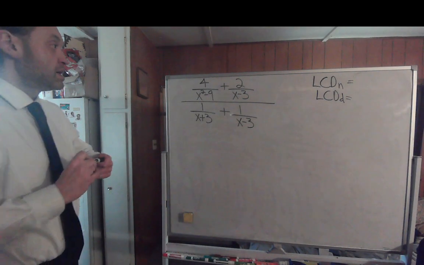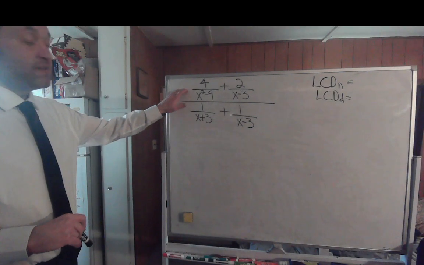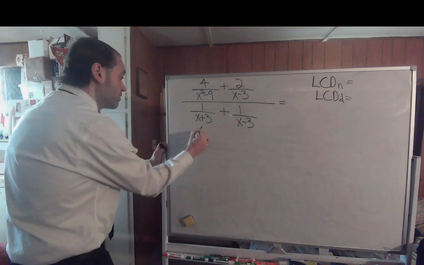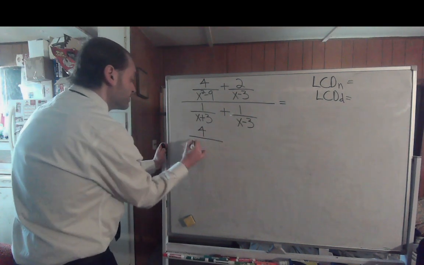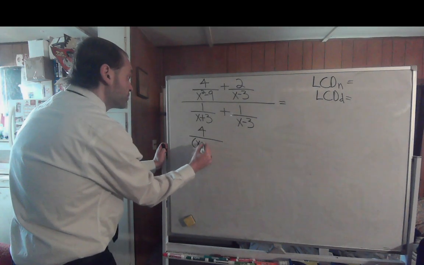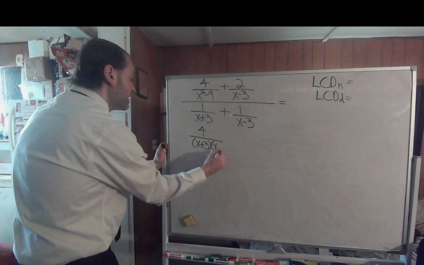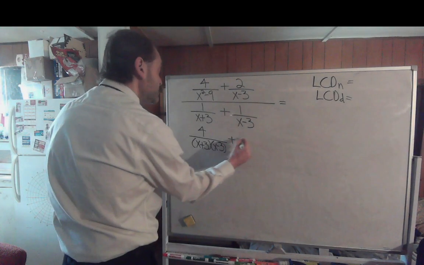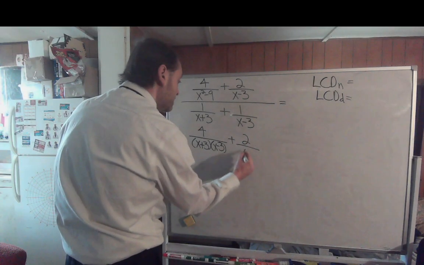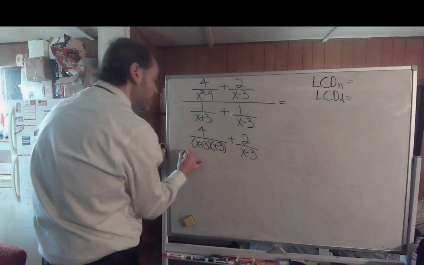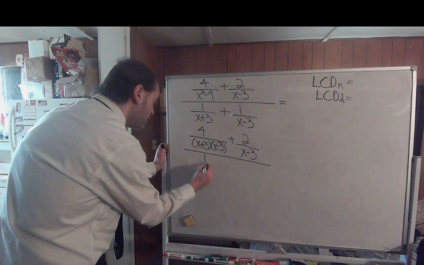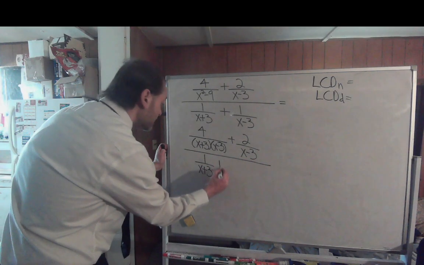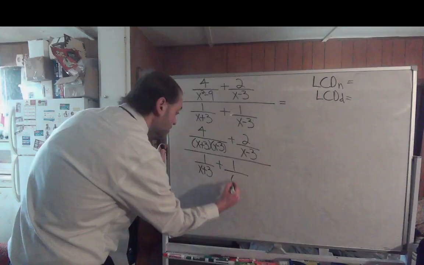Alright. Well, we can definitely do some factoring in the numerator, can't we? This would turn into 4 over the quantity of x plus 3 times the quantity of x minus 3 plus 2 all over x minus 3. All that all over 1 over x plus 3 plus 1 all over x minus 3.